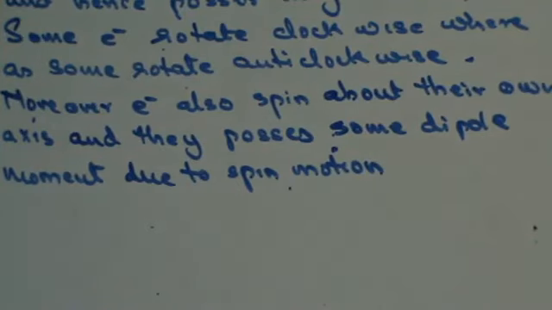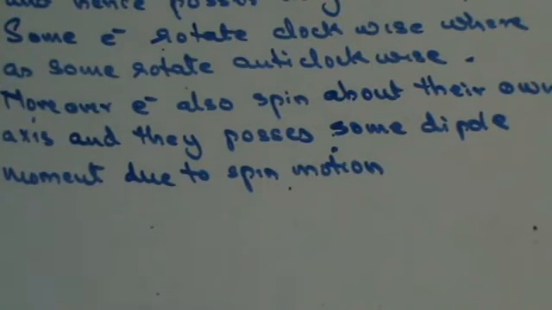So you have a magnetic loop that is produced due to the movement of the current.